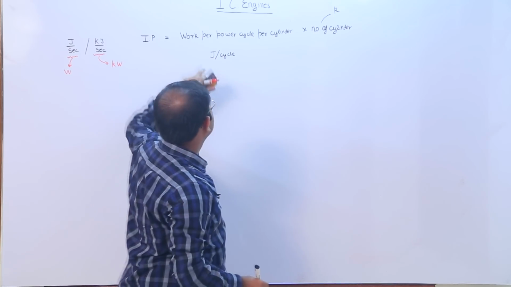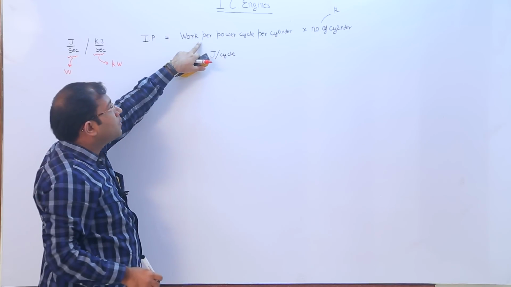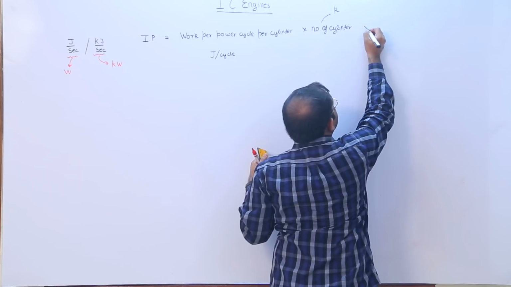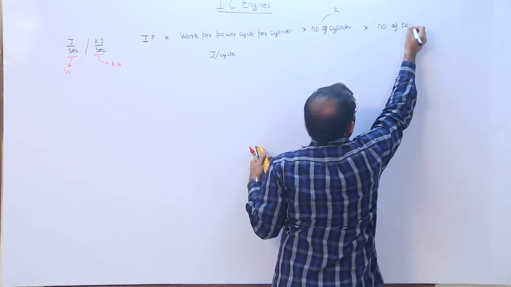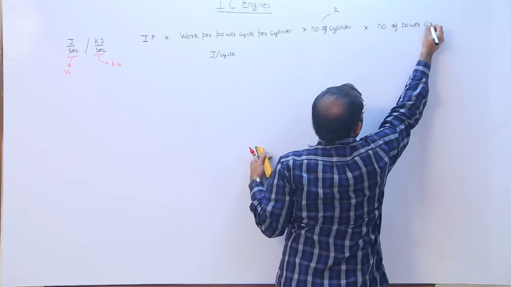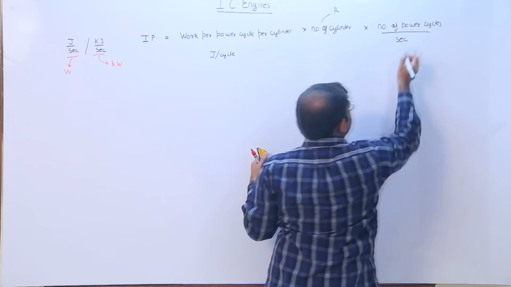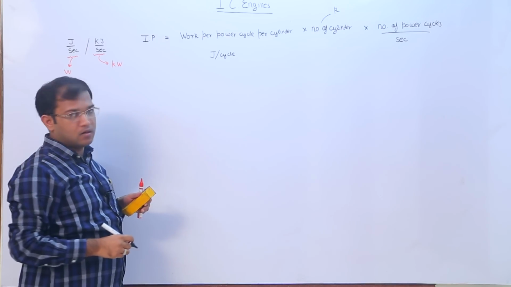Now see students, still the units are joule per cycle, work per power cycle. So I need to multiply this expression with number of power cycles per second. Fine.